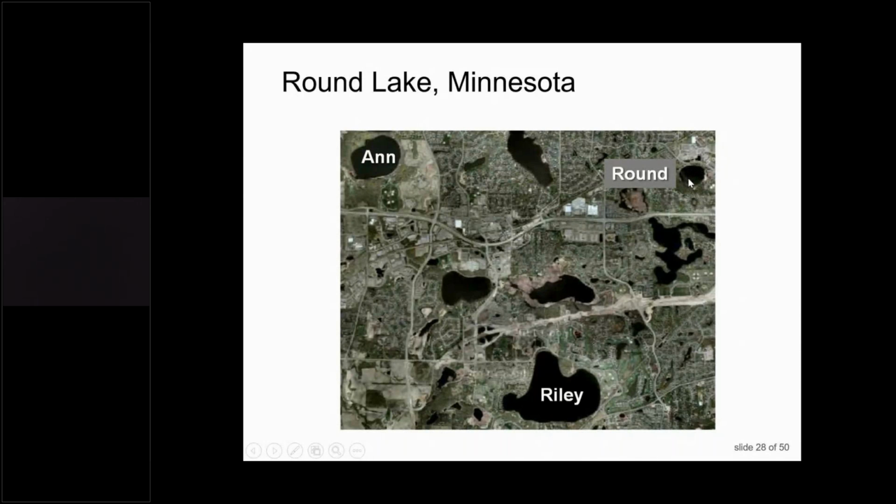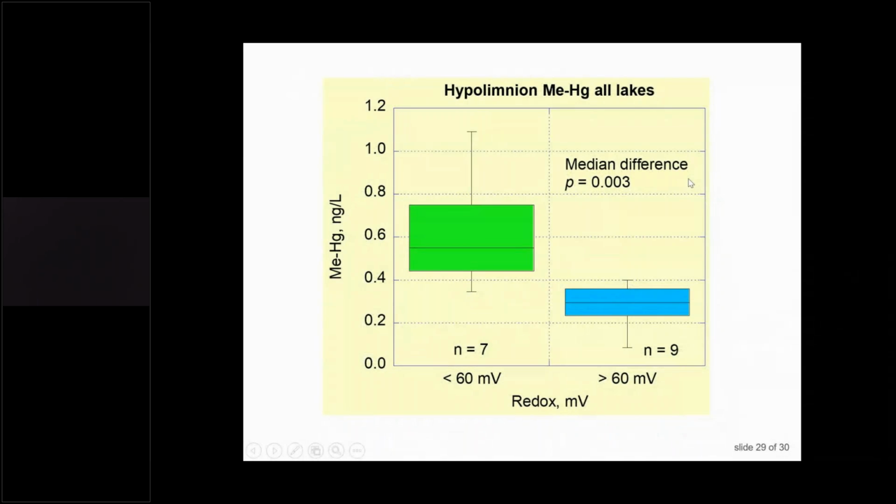So let's first look at this data set of all the lakes before any nitrate addition, just trying to get a handle on, is there really a linkage between redox and methylmercury? And so I'm not sure if N is 7 samples or 7 seasons here. I'd have to go back to the paper.